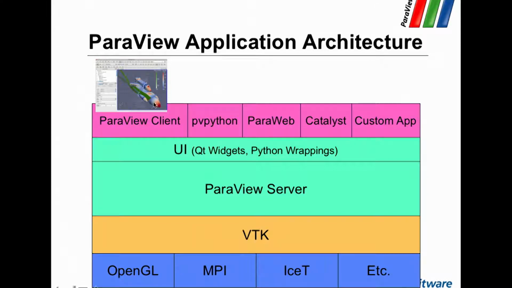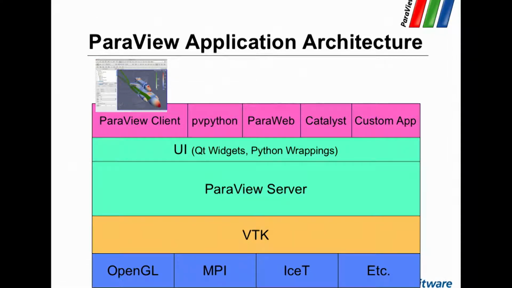And then we have the interface that can be Qt. We can have a Python script that talks to the ParaView server. We can produce the interface on the web, or we can have Catalyst, where your processing and visualization pipeline is linked together with your simulation.